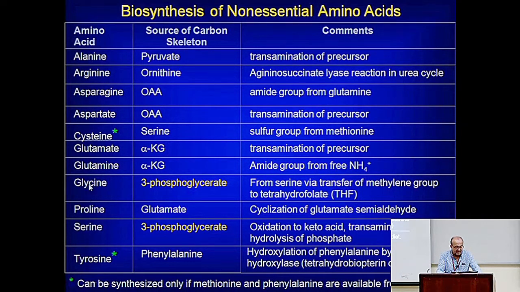But I want to point out to you here serine and glycine. That's kind of new. Serine can be synthesized from a glycolytic intermediate. This is pretty important because that's the one link between carbs and amino acids.